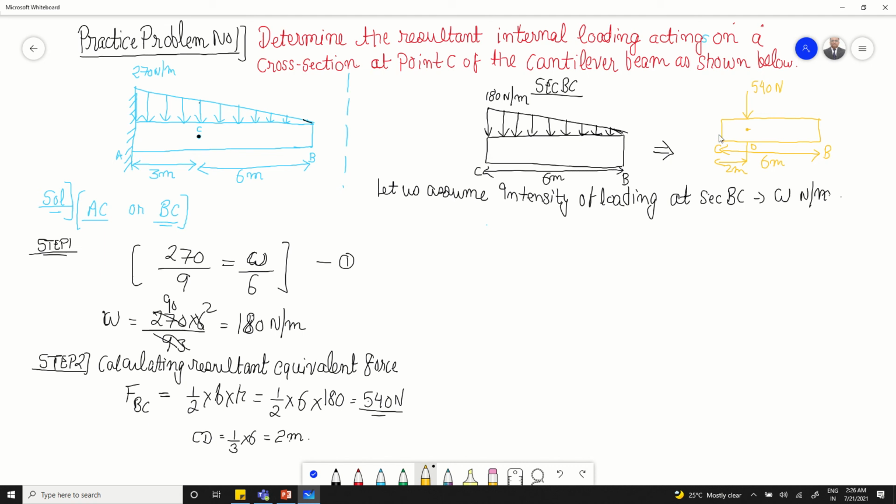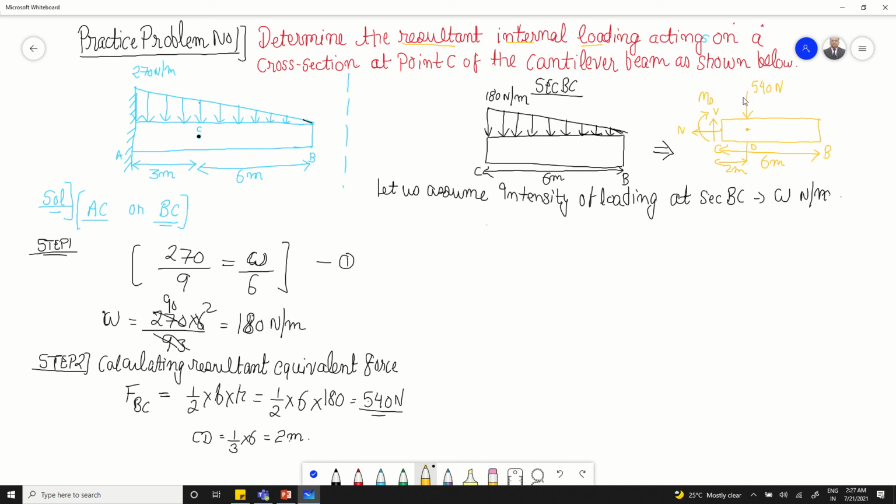So we need to find the resultant internal loading at point C. We have already mentioned that for a system subjected to coplanar forces, at any section there will be one normal force, one shear force and one moment acting on it, M0.